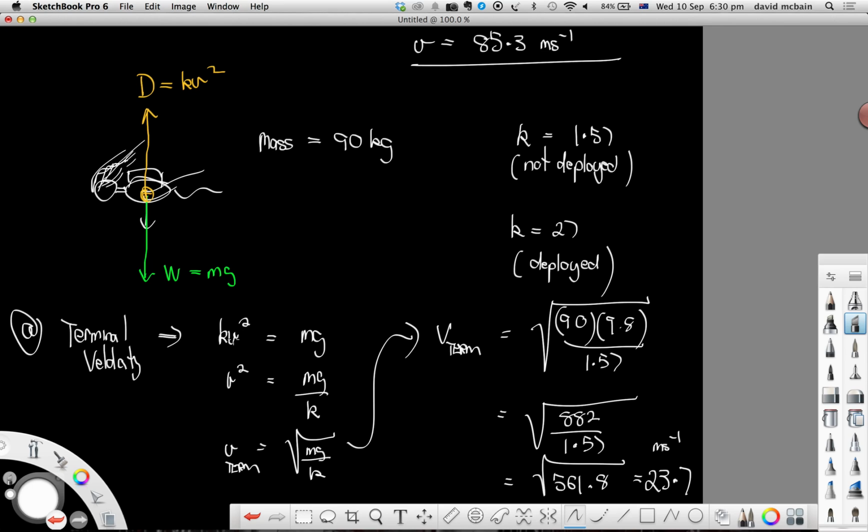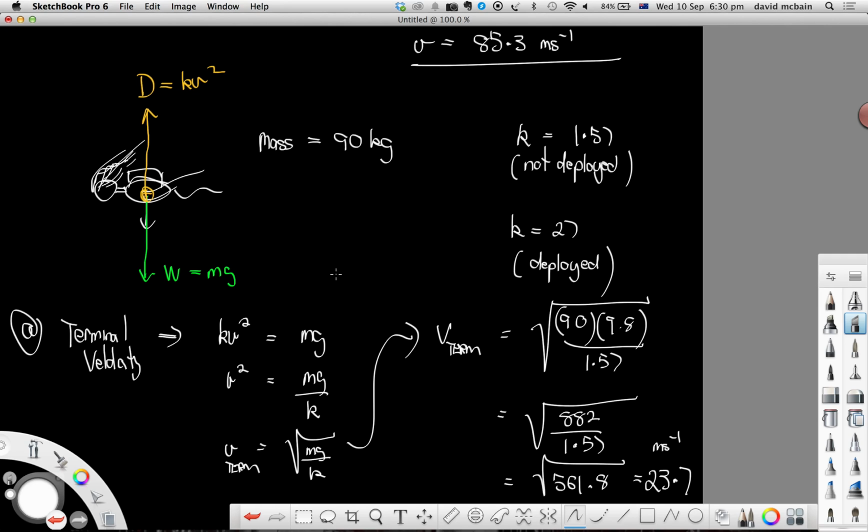So kv squared equals mg. So v squared is mg over k. So it's going to be mass, which is 90, times g, which is 9.8, divided by k, 1.57. That looks right. Yep. So a bit on the low side, but never mind.